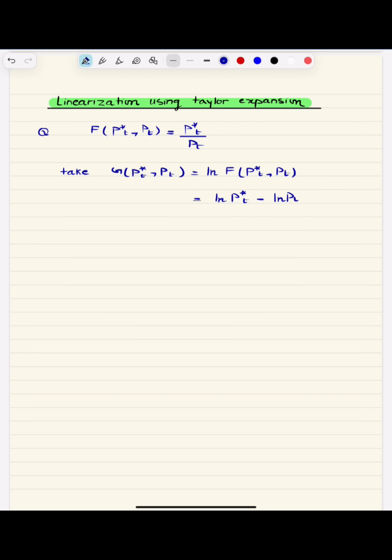Okay, if in the steady state the optimal price and the actual price are all equal to the long-term price, then our function g is the log of P bar over P bar, which is just ln 1, which becomes 0.